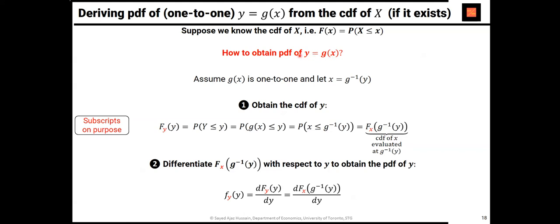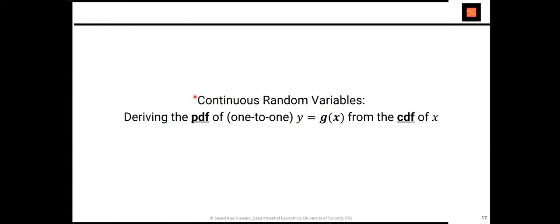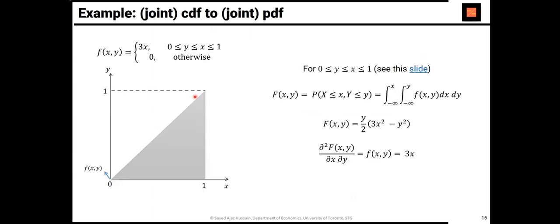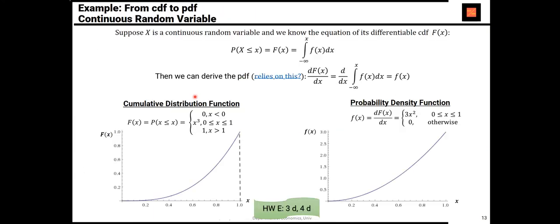Assume that this g function is one-to-one. If it's one-to-one, I can back out x in terms of y, so it gives you the inverse function. Here's how you obtain the CDF of y. Very, very slowly. You know already from this slide right here that I can always find the PDF of a single random variable by differentiating the CDF of a single random variable.